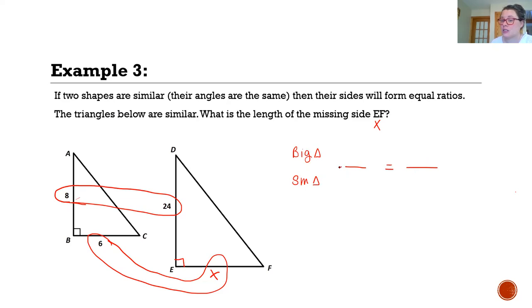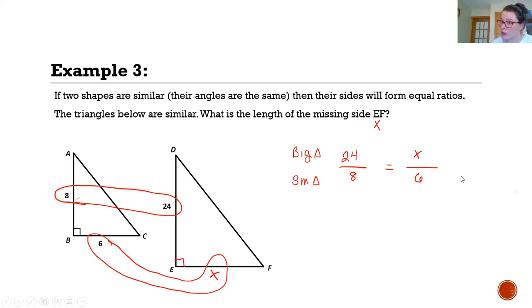So now we need to look at the sides that match. On the big triangle, I have a side that's 24 long, and on the little triangle, that side is 8 long. So I'm matching up similar sides. On the other side, on the little triangle, we have a 6, and on the big triangle, we have an X. So that's what we're going to put here, and we're going to keep the orders matching, with the big triangle on the top and the small triangle on the bottom.